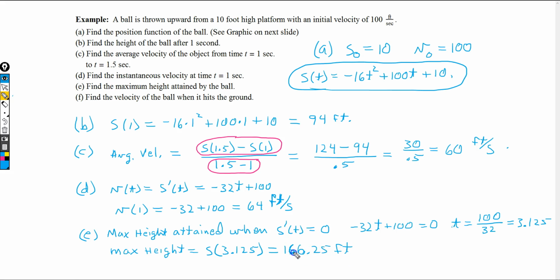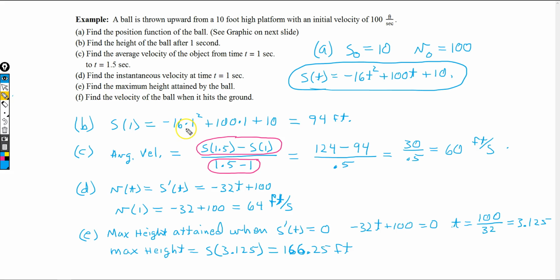So that's the maximum height attained by the ball. And remember, this 166.25 is obtained by just putting 3.125 into our s function for t. Just put it right there for t, and right there, and you'll get 166.25.